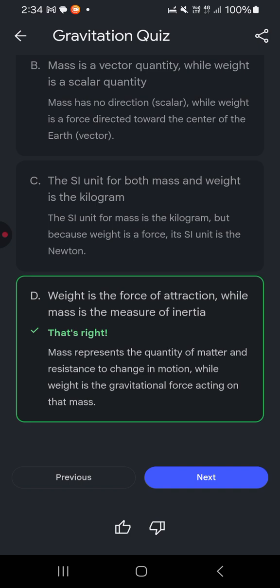Mass represents the quantity of matter and resistance to change in motion, while weight is the gravitational force acting on the mass.